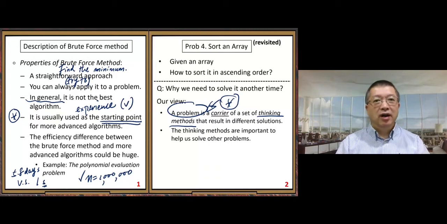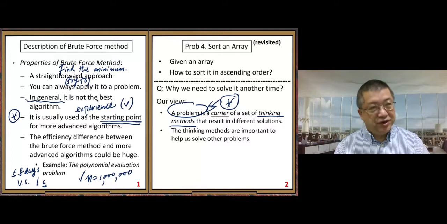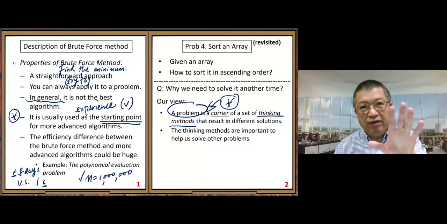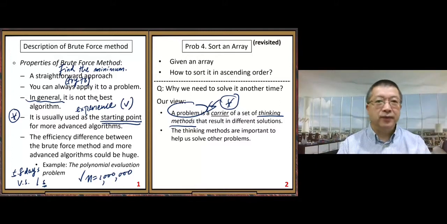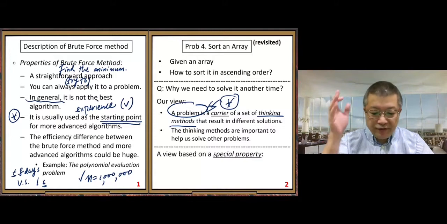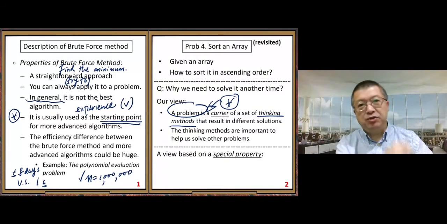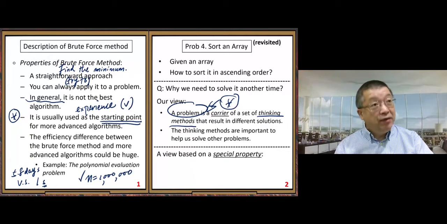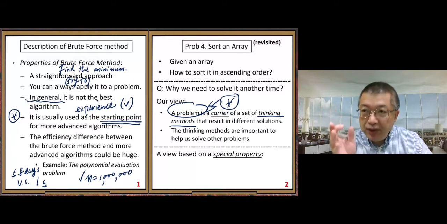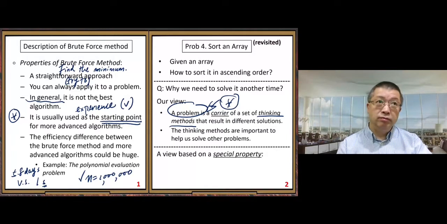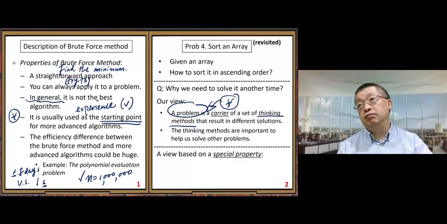So let's use this view to solve this problem another time. A view based on a special property. When you have a view, can you find a special property in the current problem? If you cannot, it's very hard to solve it.